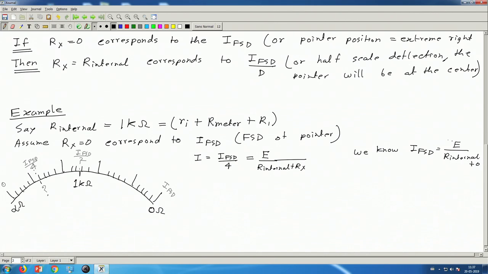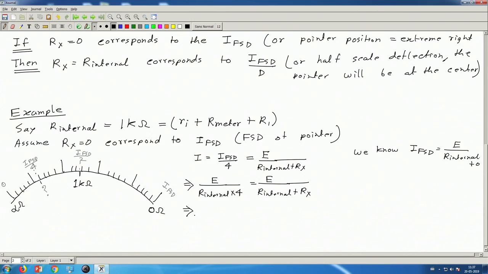Using this equation, in place of IFSD we write E divided by R internal, and this divided by 4 should be equal to E divided by R internal plus Rx.